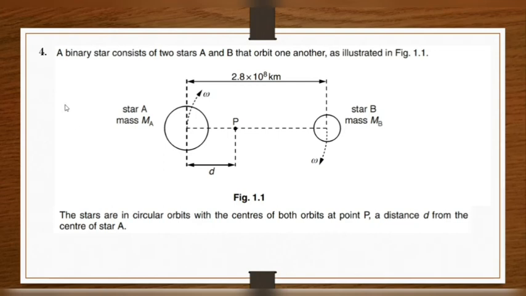Now number 4, a binary star consists of two stars A and B that orbit one another, illustrated here. The stars are in circular orbits with the centers of both orbits at point P, a distance d from the center of star A. So the distance from P to star A is d. So the distance from P to the center of star B will be 2.8 times 10 to the 8 kilometers minus d.